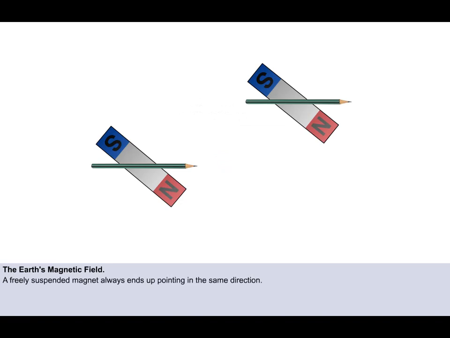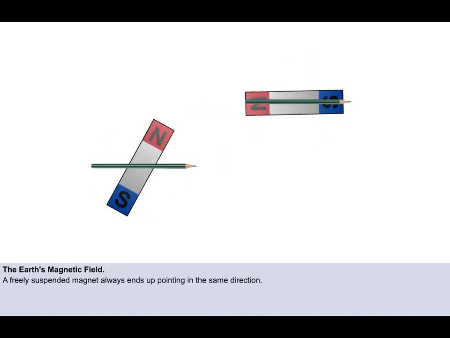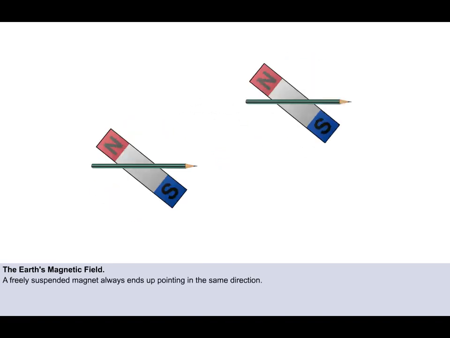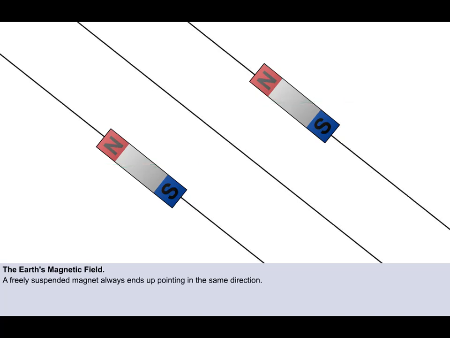A freely suspended magnet, even when it appears that there are no other magnets nearby, does not come to rest in a random direction. No matter what direction the magnet is pointing in when it is released and begins its swing, it always ends up pointing in the same direction.